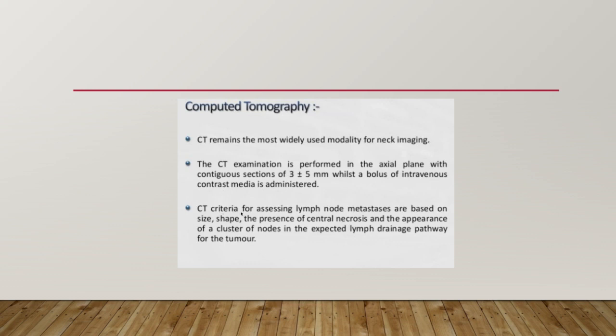The CT criteria for assessing lymph node metastasis are based on the shape, the size, the presence or absence of central necrosis, and the presence of a cluster of lymph nodes in the expected lymphatic drainage pathway of the tumor.